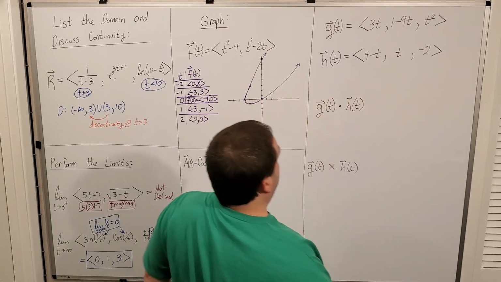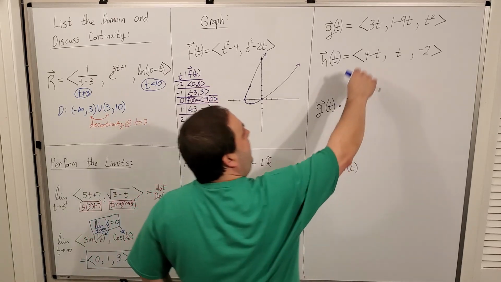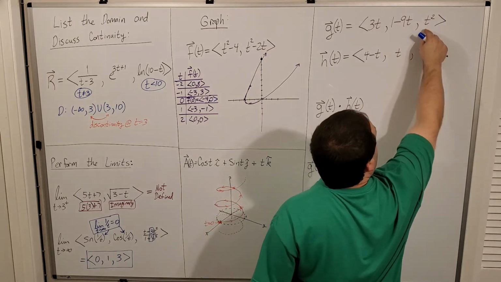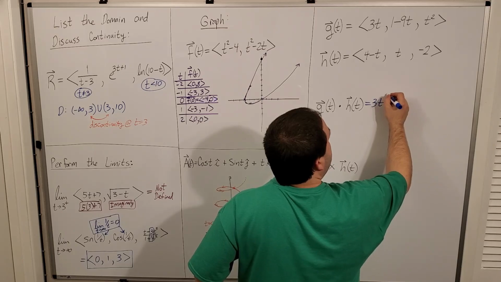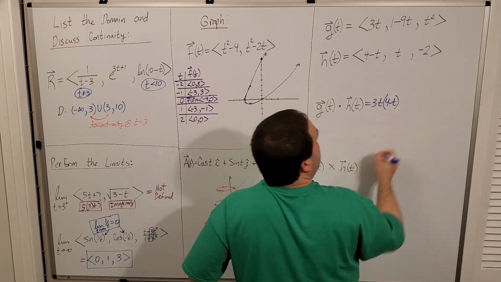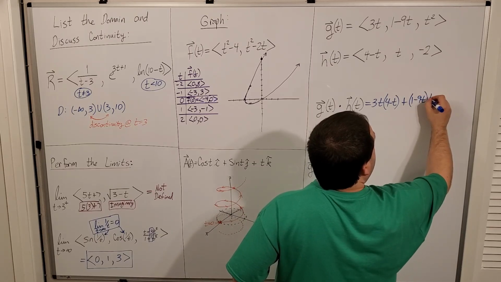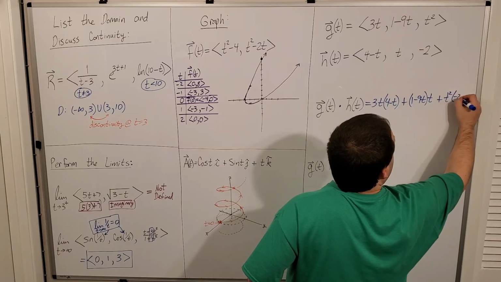the two functions here. The dot product works exactly as you would expect. I'll be doing the x component times the x component, the y component times the y component, the z component times the z component. So I've got 3t times 4 minus t, plus 1 minus 9t times t, plus t squared times negative 2.